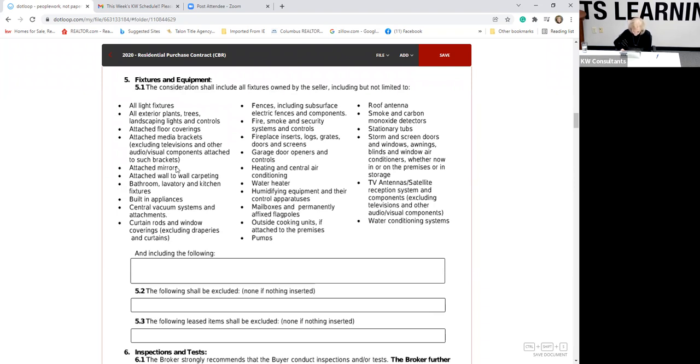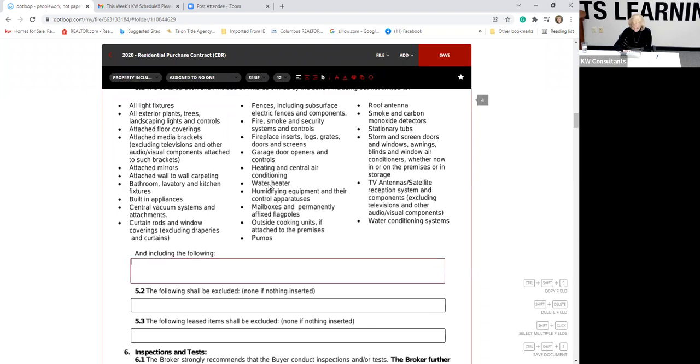Well, easy things like attached wall carpeting. They did add water heater because some people now rent their water heater, so they had to put it in there that it stays. Anything else that you want to ask for and include in the following?